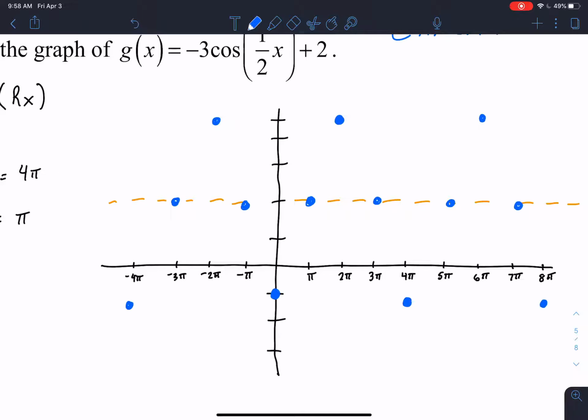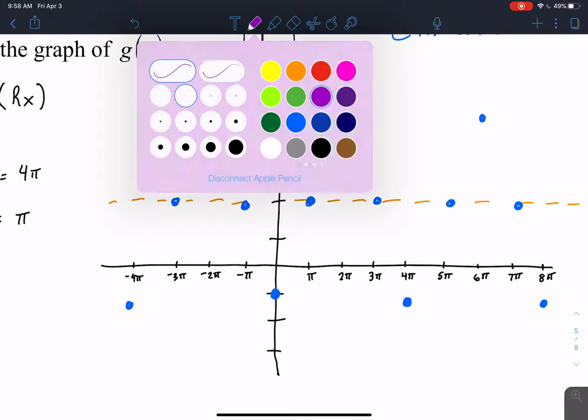All right, so then just connect your points now.